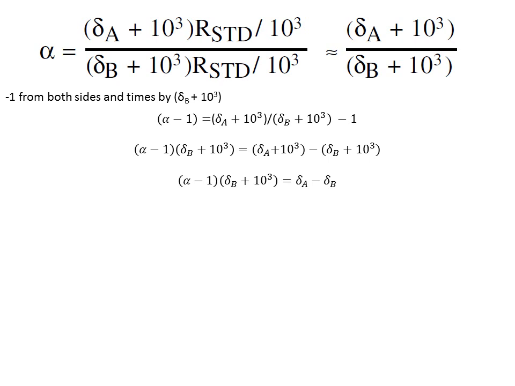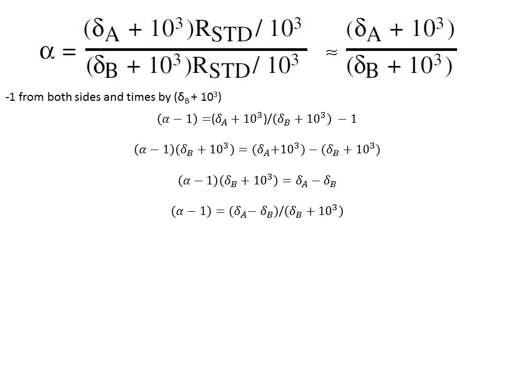We can then cancel out stuff on the right-hand side. That gives us the difference in the measurements of phase A and phase B, which is the thing that we can actually measure, and that equals the thing on the left. And we can get alpha on one side by dividing through by that term, delta B plus 1,000.